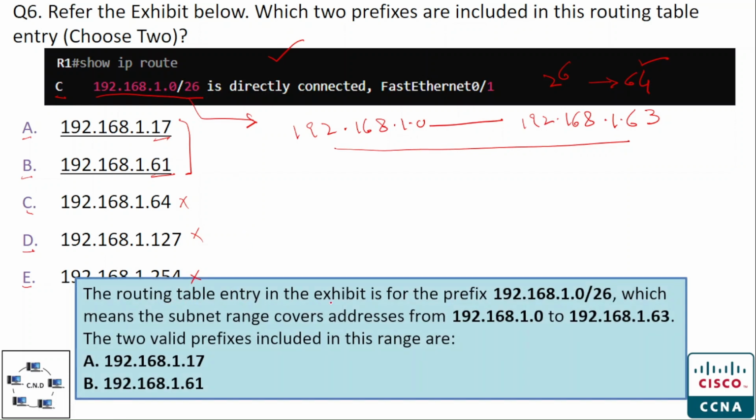The routing table entry in the exhibit is for the prefix 192.168.1.0/26, which means the subnet range covers addresses from 192.168.1.0 up to 63. The two valid prefixes included in this range are the two listed.